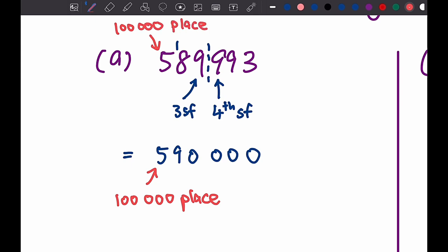So this is a good gauge for us to know whether we are correct or not. For some people, when they leave their answer as 590, this 5 would have become in the hundreds place, which is clearly wrong, and we've changed the place value of the digit 5.